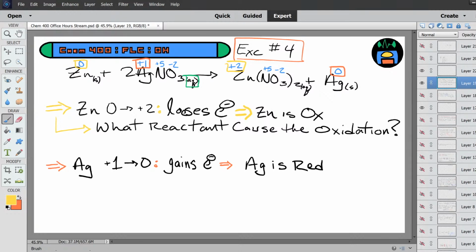And the answer is the reactant that reacts with zinc to cause that oxidation is silver nitrate. So silver nitrate is the oxidizing agent.